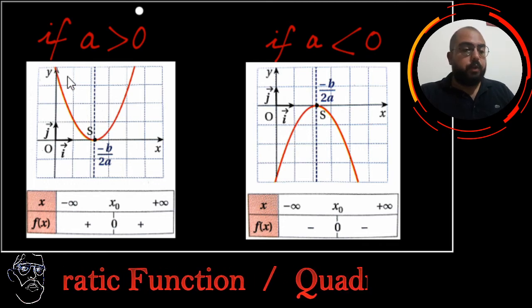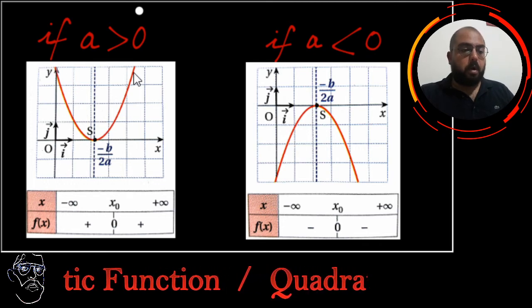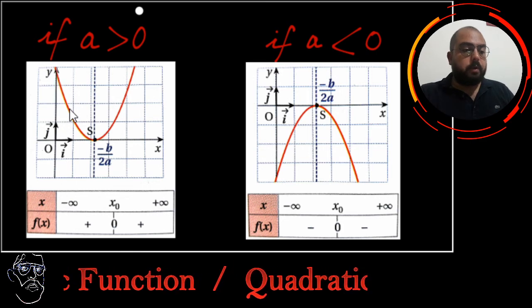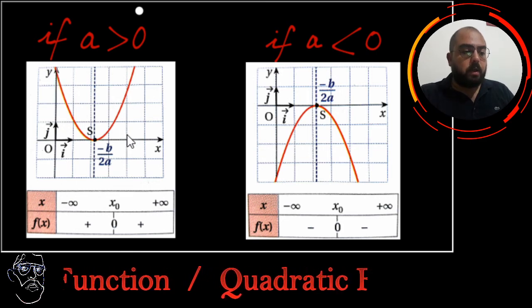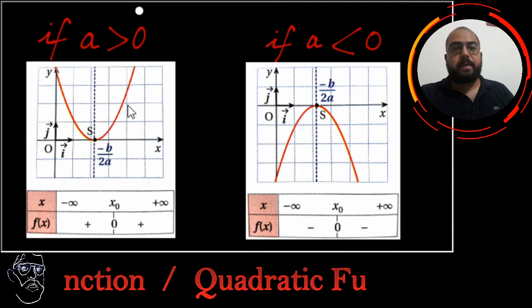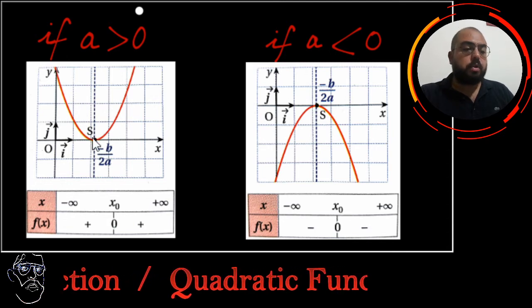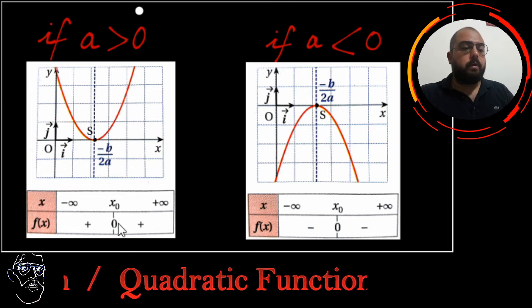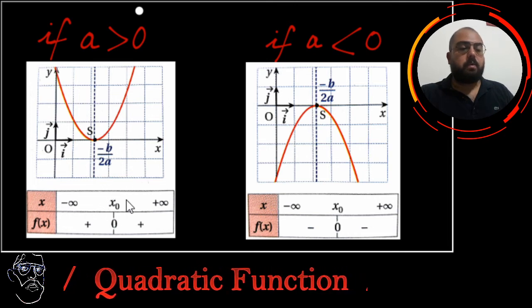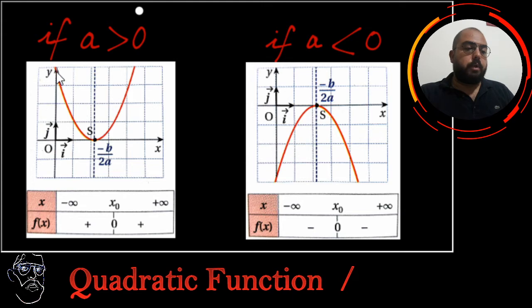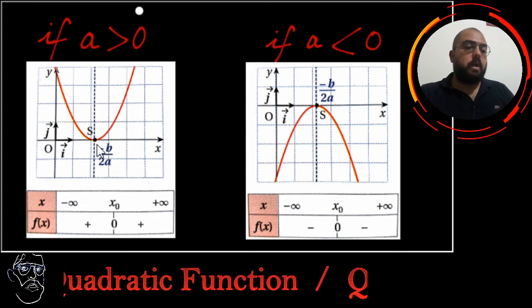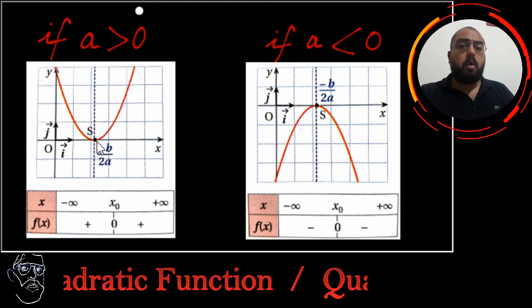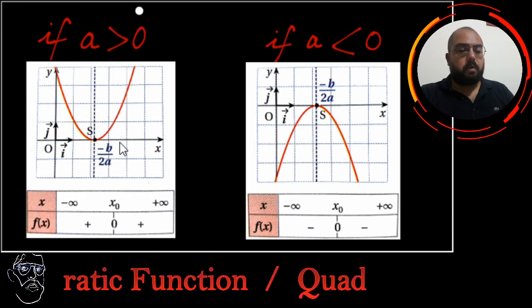That's why the curve, which is again a parabola, will be on the positive side, above the x axis, but it can reach 0 only for the value of x which is equal to x0.